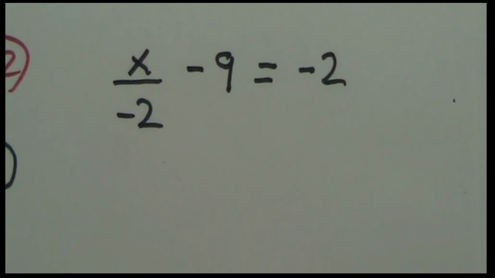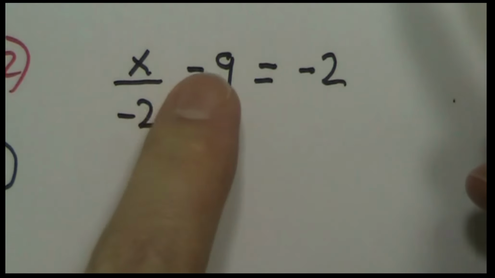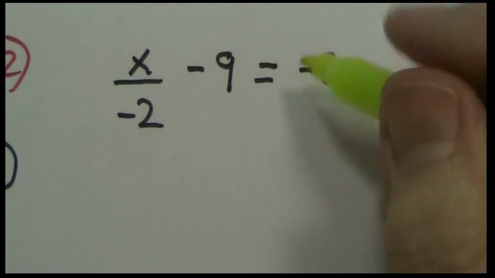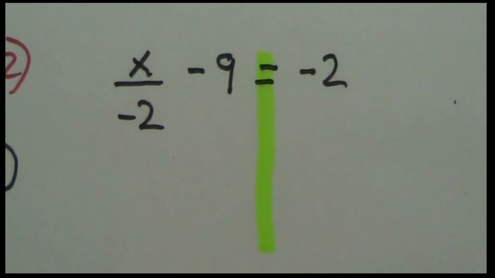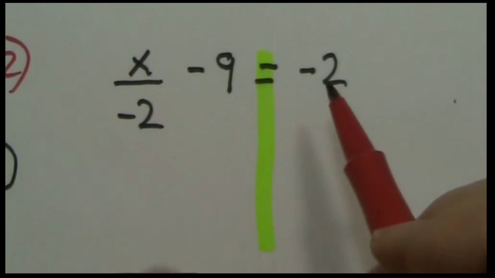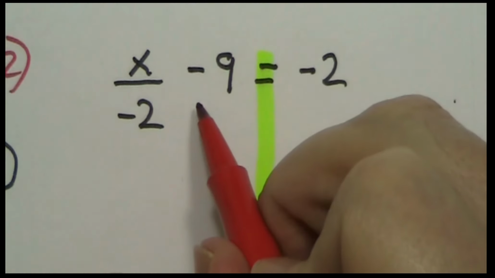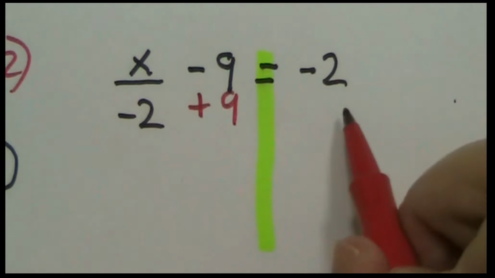Okay, so what do we get rid of first? The -2 or the -9? Yes, you want to get rid of the constant. The constant is -9, so I will add 9 to both sides.